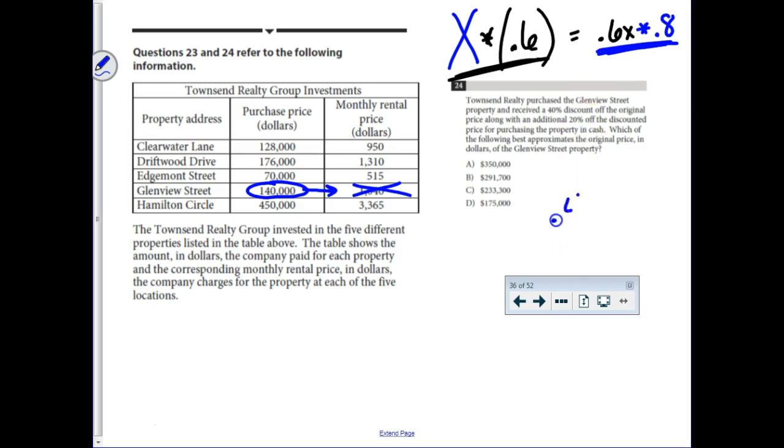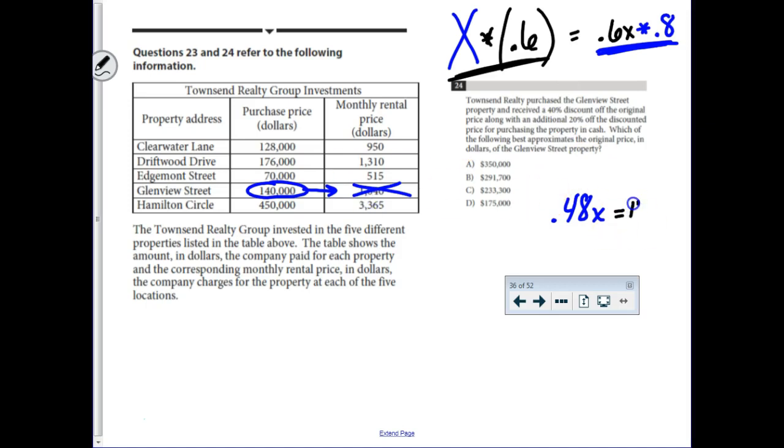All right, 0.48x. So a common misconception for kids is they think when you get two discounts like this, that this person got 60% off of their housing price, and that is not true. I don't think. Did they write it especially here? Well, we'll find out in a minute.